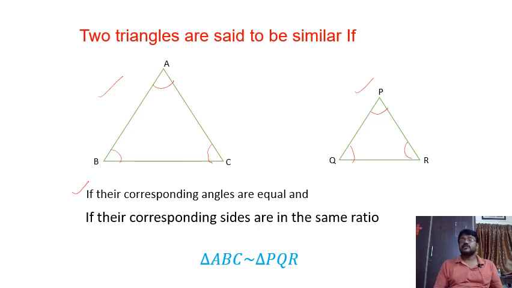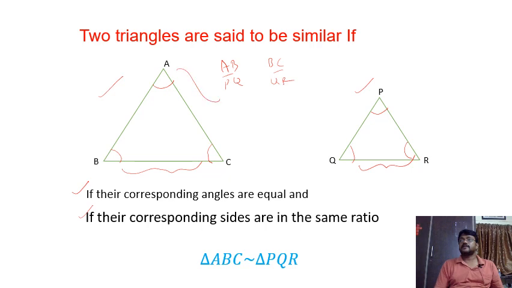And the second condition is their corresponding sides must be in the same ratio. Suppose here AB's corresponding side is PQ, then we take the ratio AB by PQ. And suppose BC's corresponding side is QR, then I will take the ratio BC over QR.